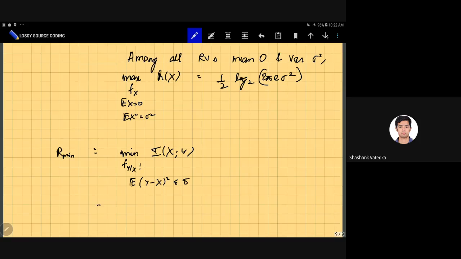Right? So this is the minimum overall fy given x, such that whatever is satisfied of h of y minus h of y given x, or I can write this as h of x minus h of x given y.